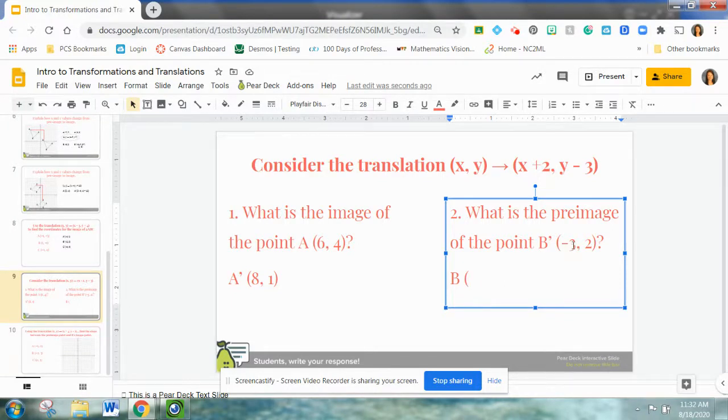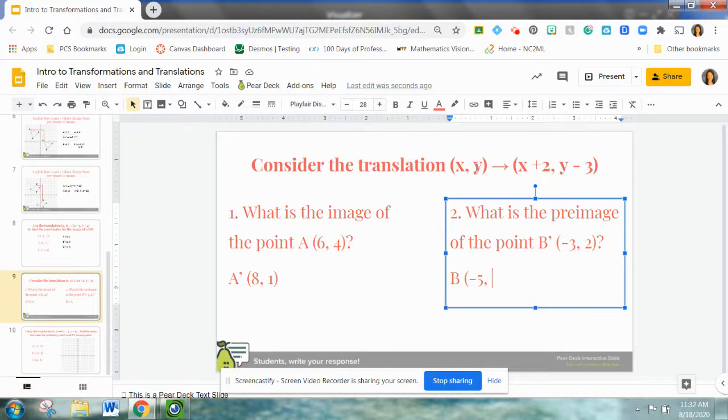So I got to -3 by adding 2. So if I'm doing the opposite of that, I would go -3 minus 2 to figure out where I started. So that would be -5. I can double check that by saying, does -5 plus 2 give me -3? It does.